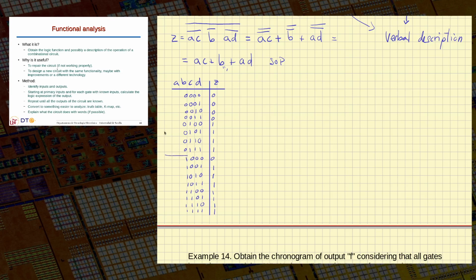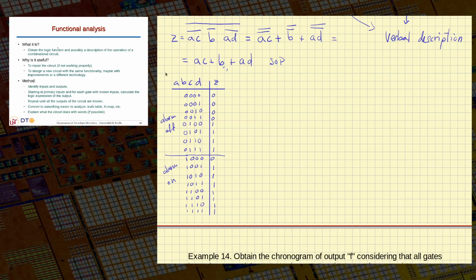This here the alarm is off, disconnected, and here the alarm is on. Okay, so we'll first try to check what happened when the alarm is off and when the alarm is on. And from this part here, we see that when the alarm is off, the alarm will not ring except when B is equal to 1.